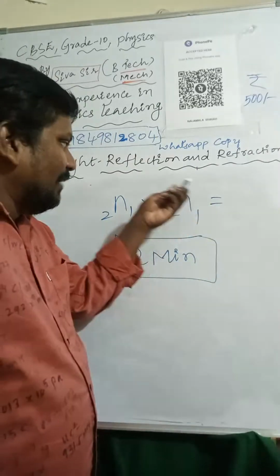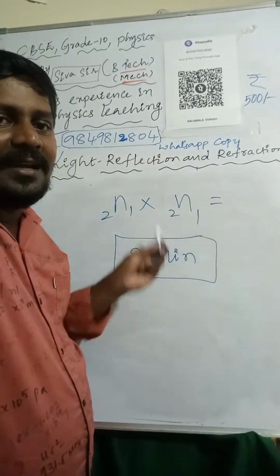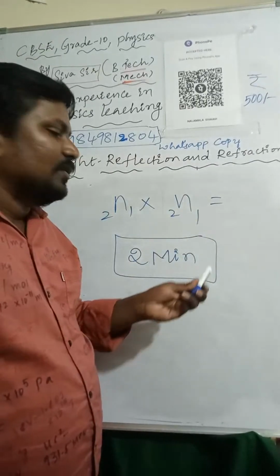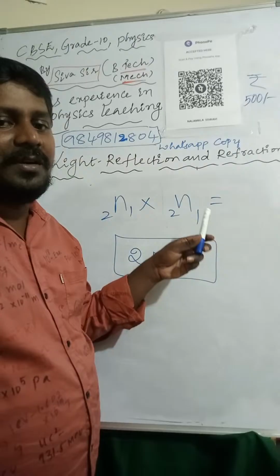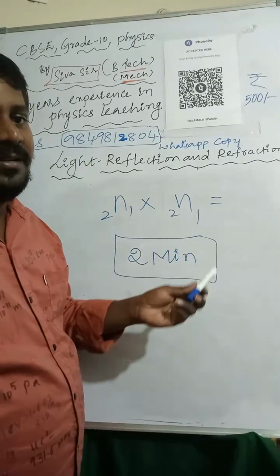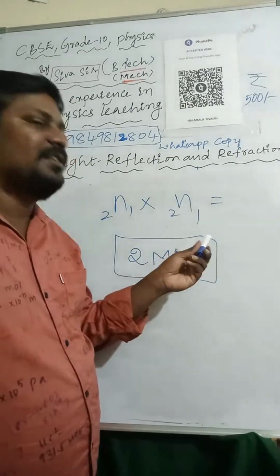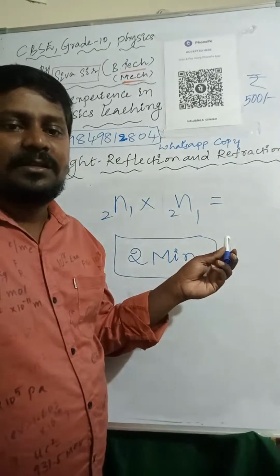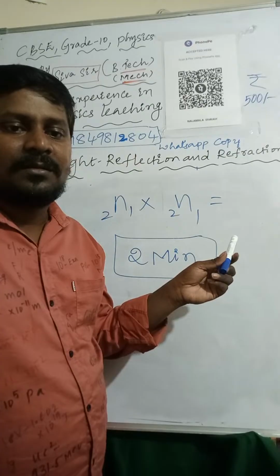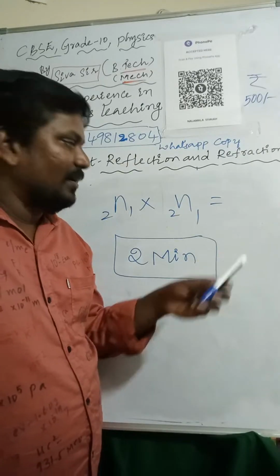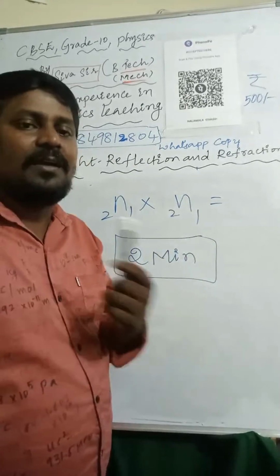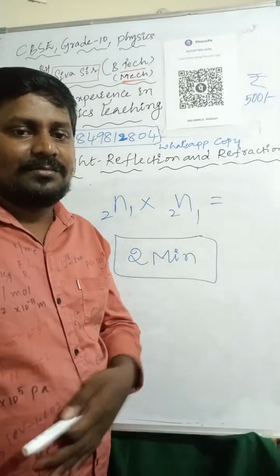Here I'm explaining the content, so we need to concentrate on the content itself. More than me, I want my content to reach the students. That is the reason. Okay, fine, definitely I will do it.